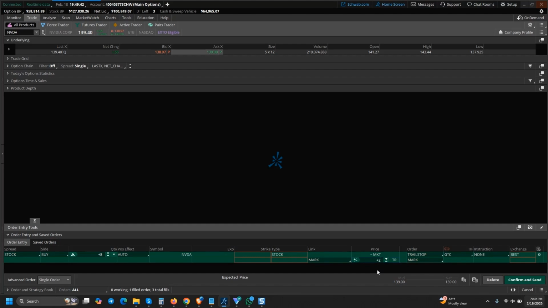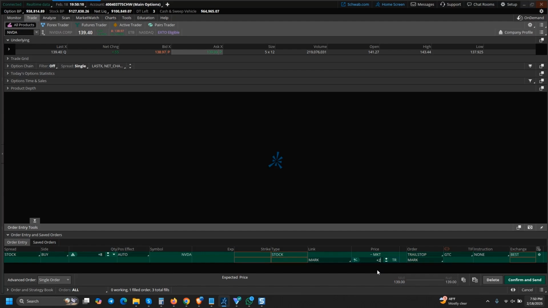The price was 139.40, and I'm going to set my trailing price at $2, which means that the trailing price is actually 137.40. By doing that, the system knows that immediately if the stock drops back the $2 from the current price of 139.40 to 137.40, it should execute a market price to buy.